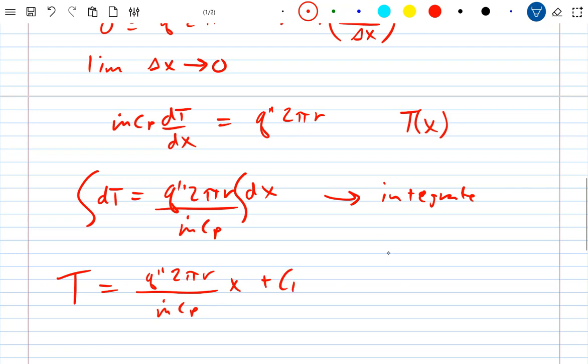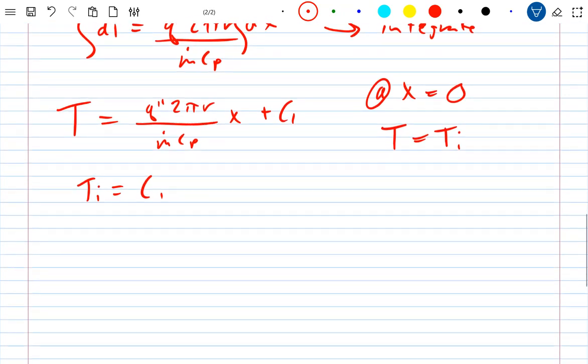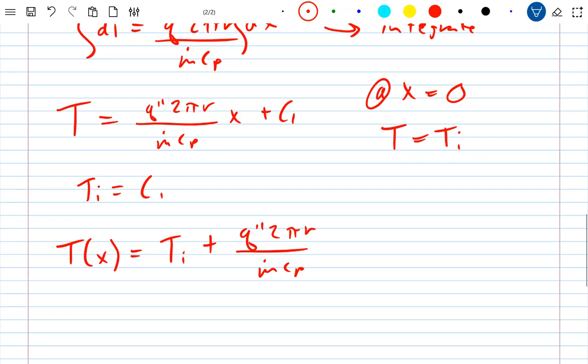Well, we can apply boundary conditions, and we can say at x equals 0, our temperature is equal to our inlet temperature. So what that tells us is that when x equals 0, T equals Ti. So C1 is equal to our inlet temperature, which tells us that our temperature as a function of x is going to be Ti plus q double prime times 2 pi r over m dot times Cp, times x.